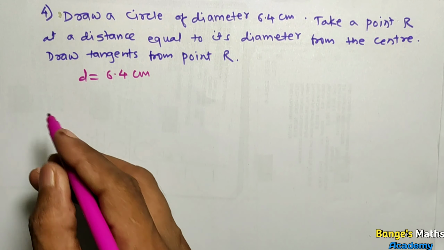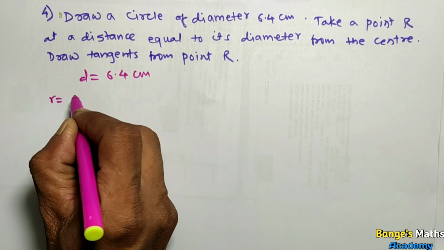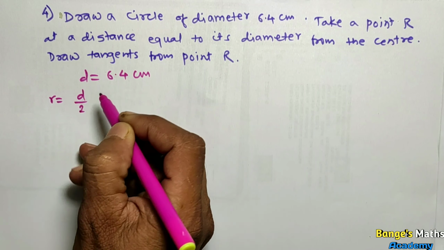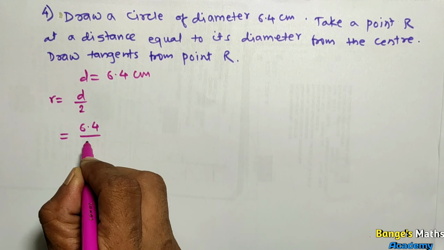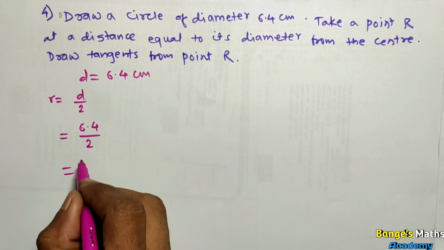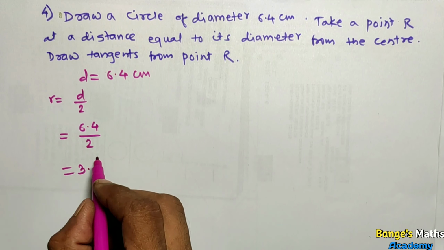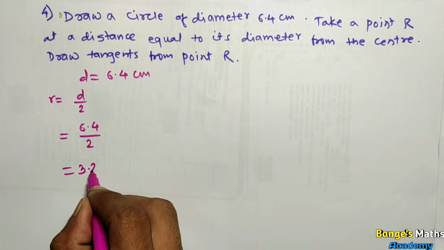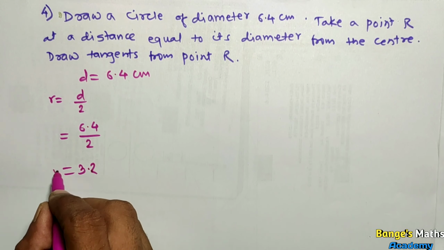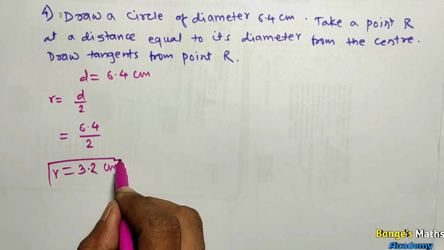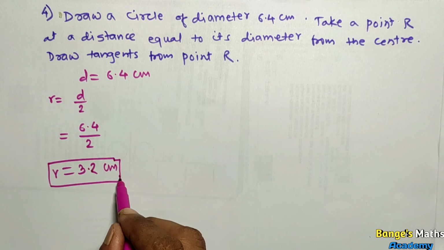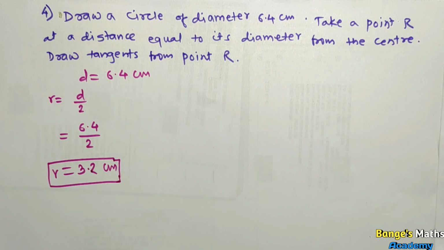So first of all find r. r is equal to d upon 2 is equal to 6.4 upon 2. By cancelling, 2 3s are 6, give decimal point, 2 2s are 4. So r is equal to 3.2 centimeter. We get radius.